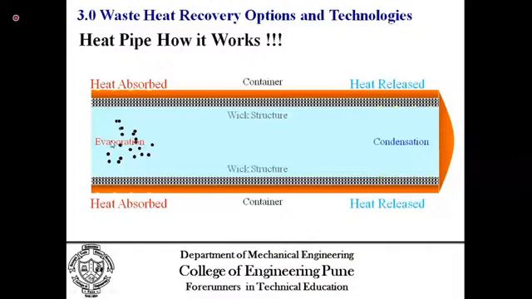This will continue. How is the heat recovered? If there is waste heat available here, then the waste heat can be utilized with this heat pipe. Now let us see, most of you have seen the heat pipe used in gadgets.